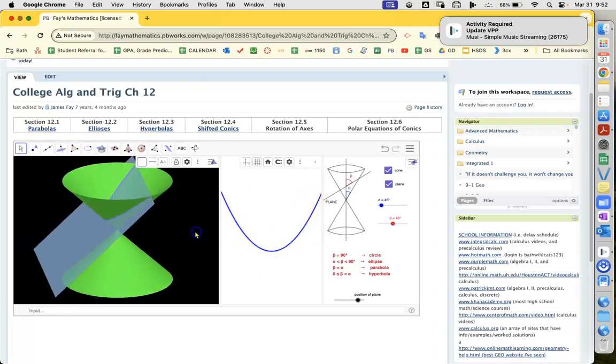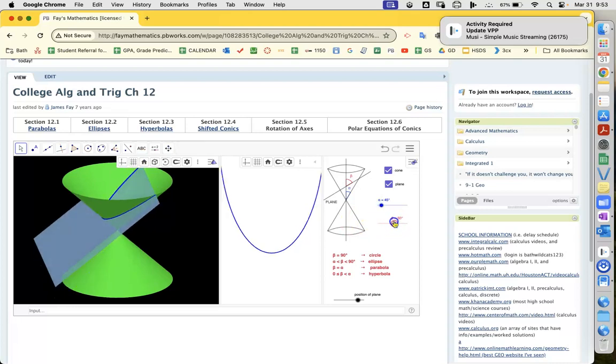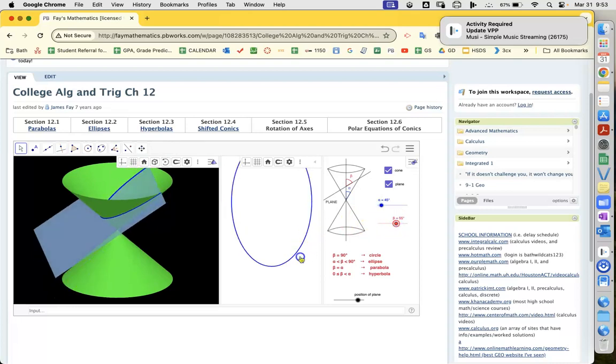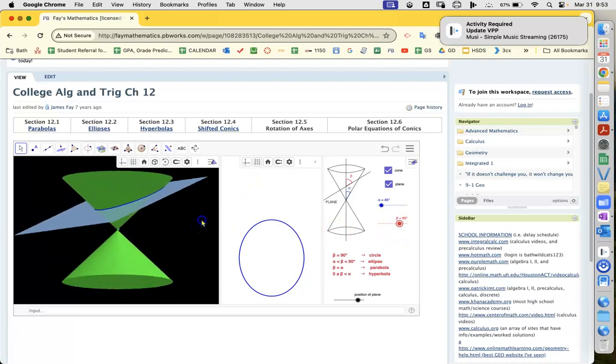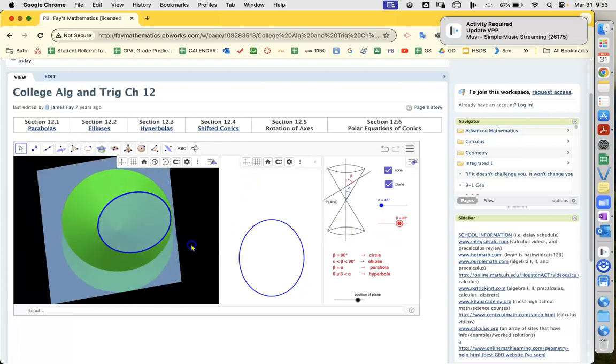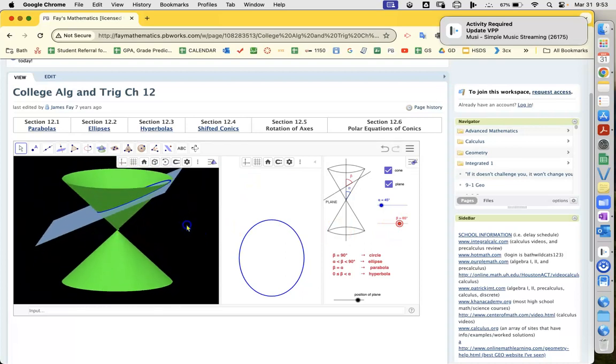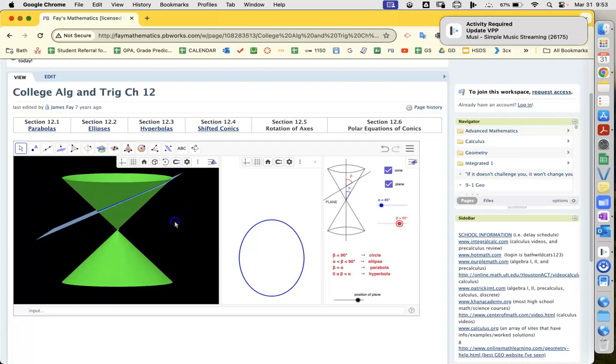Now, as I tilt that plane, we start to intersect the cone in a different manner, and now the plane is not parallel to the slant height. You can see the differences over here on the right-hand side.